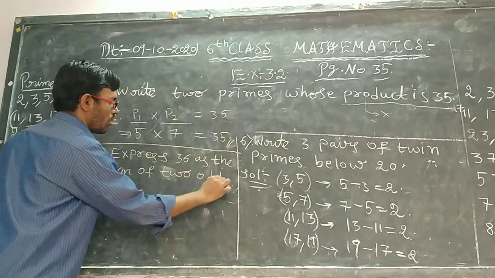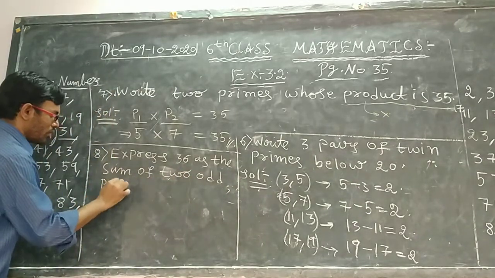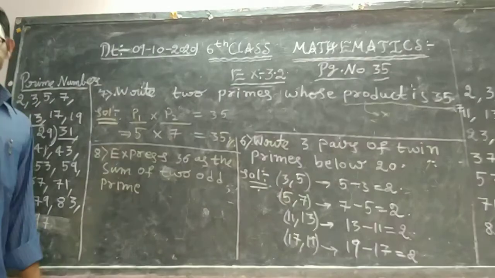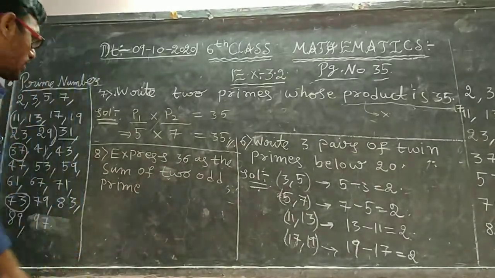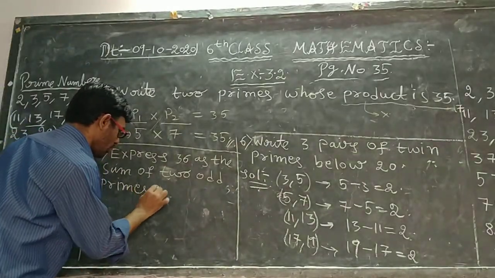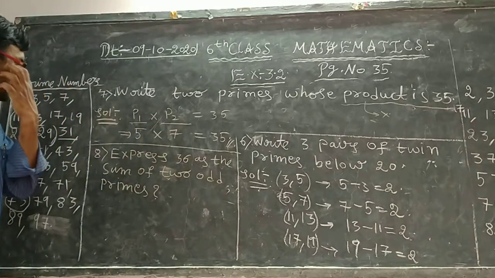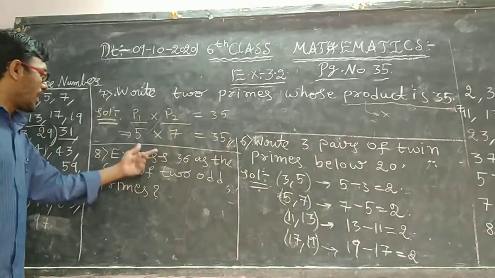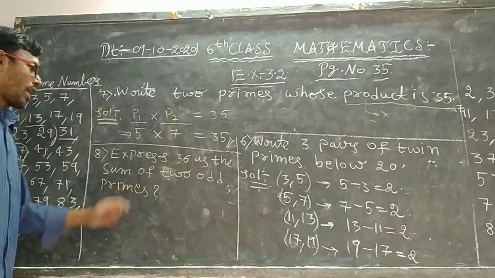Two odd primes. Okay, so 36 you are supposed to write as a sum of two odd primes.